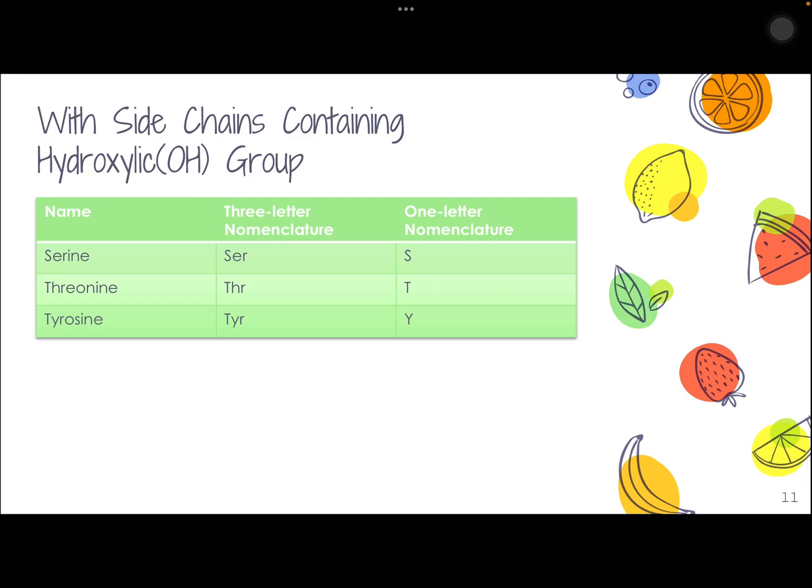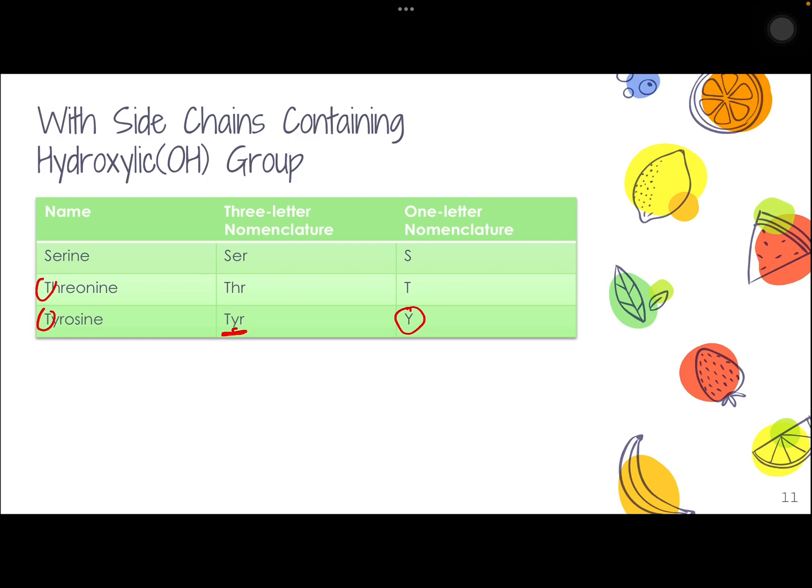Here, for side chains with the hydroxylic group, the OH at their side, we have serine, S, threonine, THR, T, and tyrosine. Notice that tyrosine and threonine both start with letter T. That is why tyrosine cannot use T anymore. It takes its second letter, the Y, and uses Y as its one-letter nomenclature.